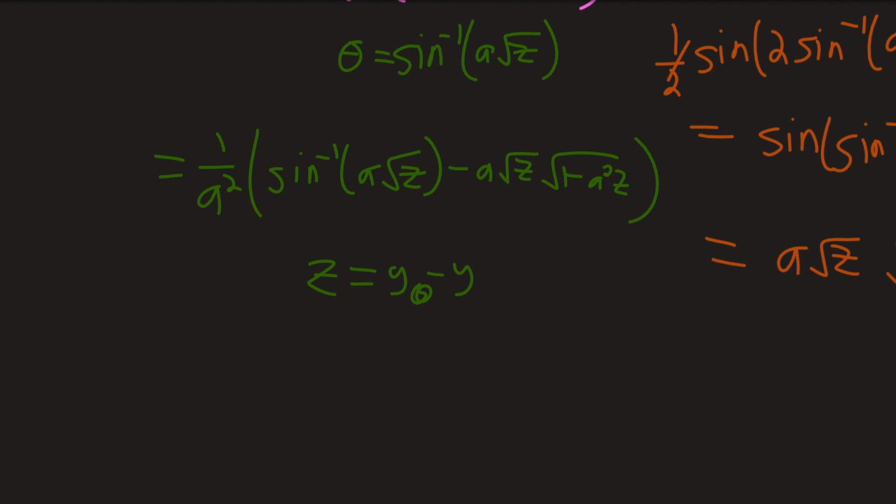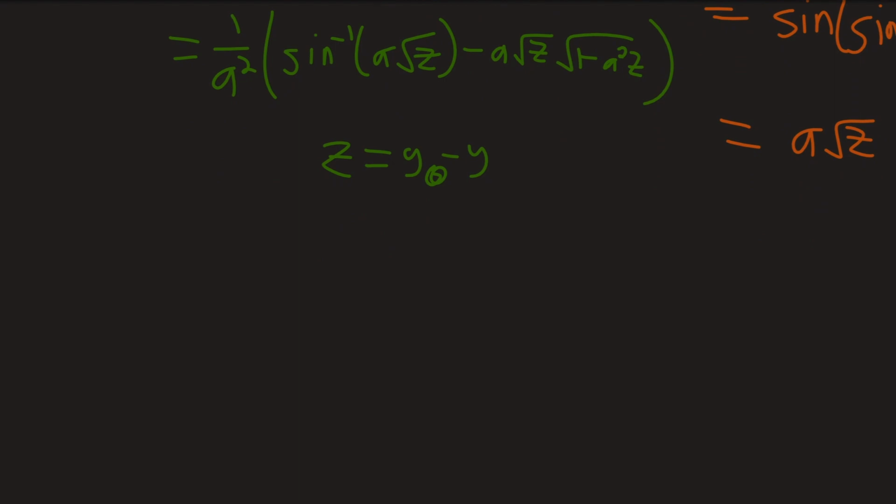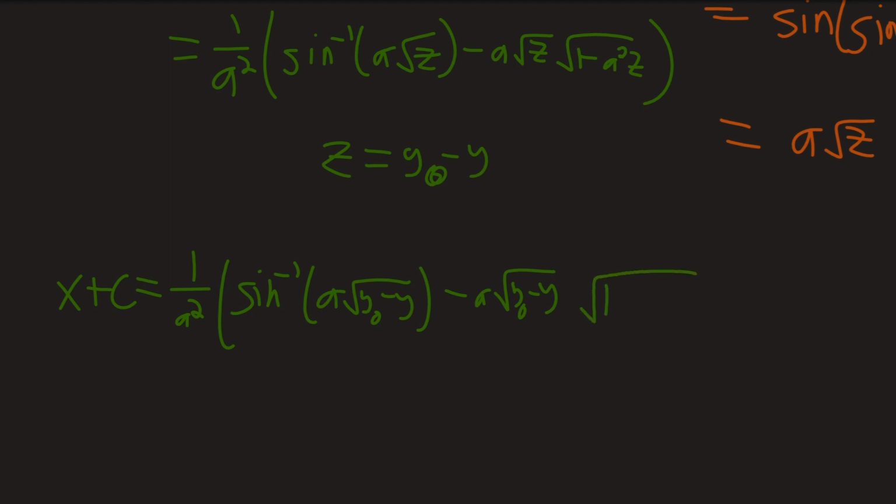So subbing everything in, kind of like for the last time, what we find is our x plus c is equal to 1 over a squared times arcsine, or inverse sine, of a times the square root of y naught minus y, minus a square root of y naught minus y times the square root of 1 minus a squared times y naught minus y.